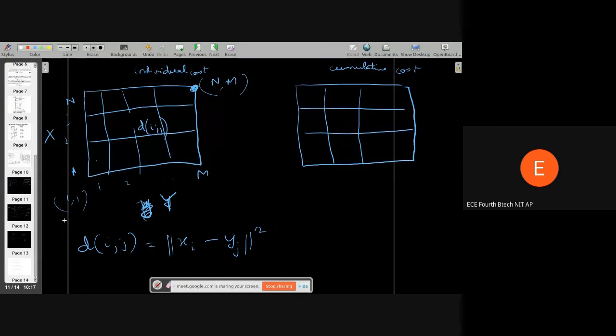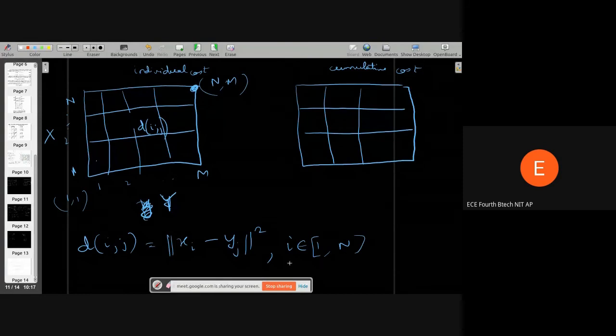So we match those frames and calculate distance from them only. That's the goal. So this you can easily find the Euclidean distance for i belonging to 1 to n and j belonging to 1 to m. You find all the distances, fill up the matrix.